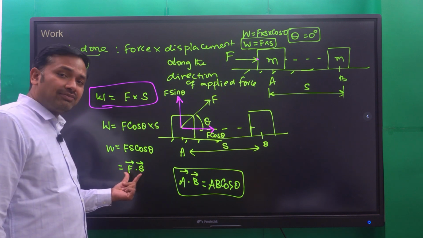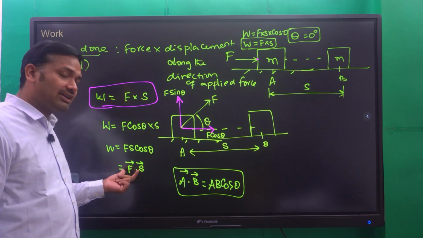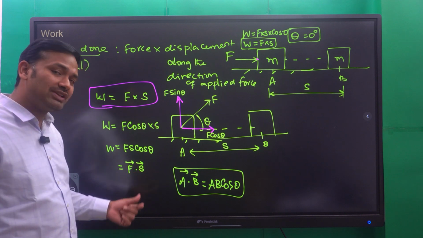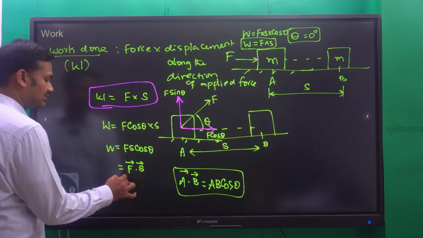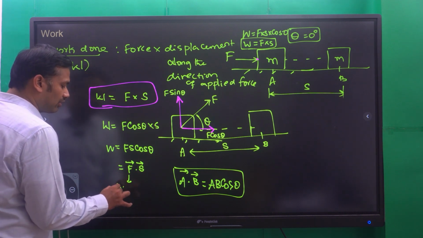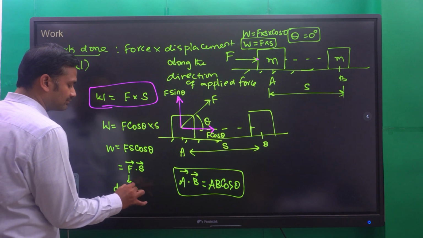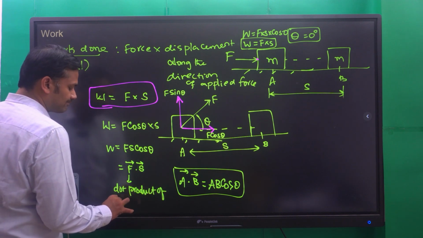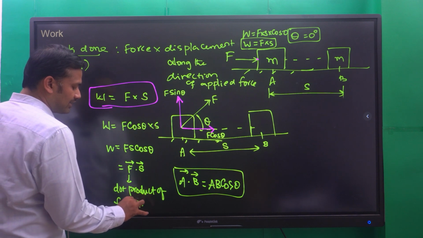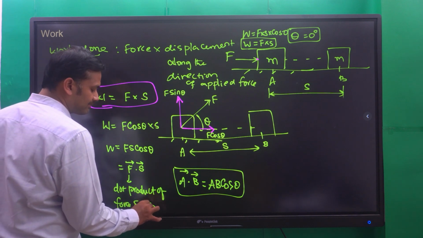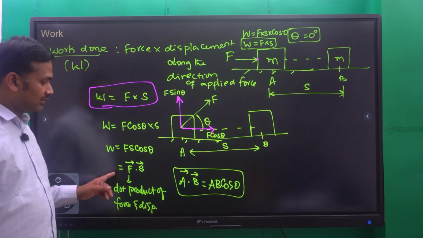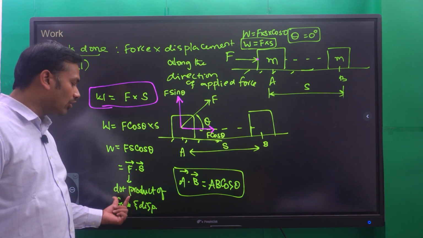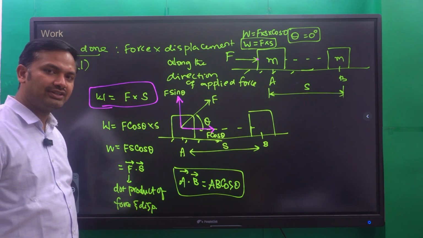Because F bar dot S bar is nothing but the dot product of the force and displacement. F bar dot S bar is nothing but the dot product of the force and displacement, right?